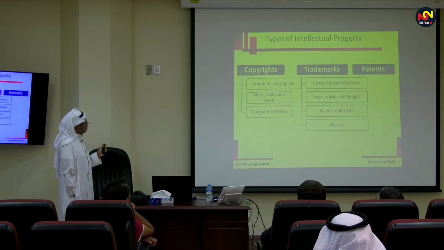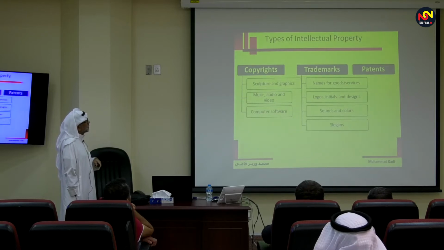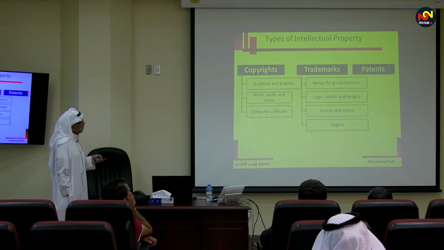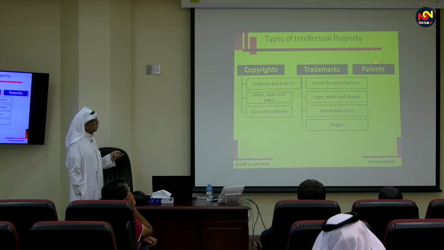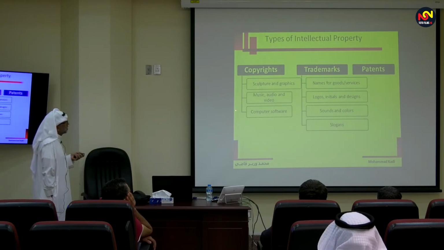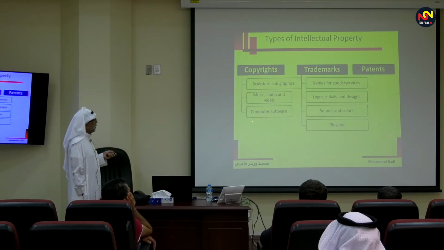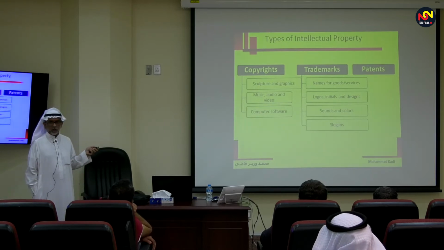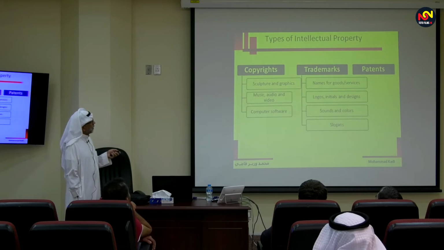Now we go to the main theme of the talk, which is IP, intellectual property, and we will only concentrate on patents, which is one of the three parts of IP. Copyrights, as I wrote here, include sculptures, graphics, music, radio, audio, video, computer software, codes, and books, and anything else will go under the copyrights.